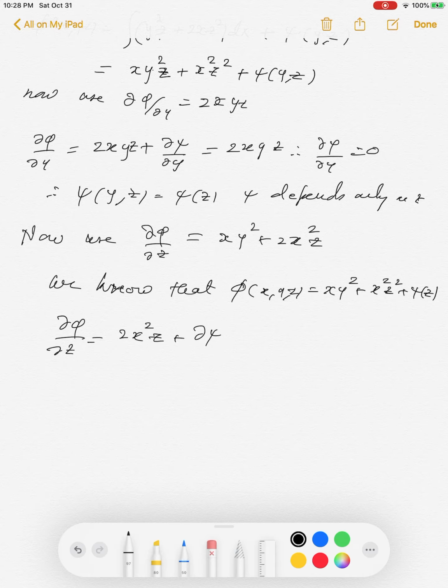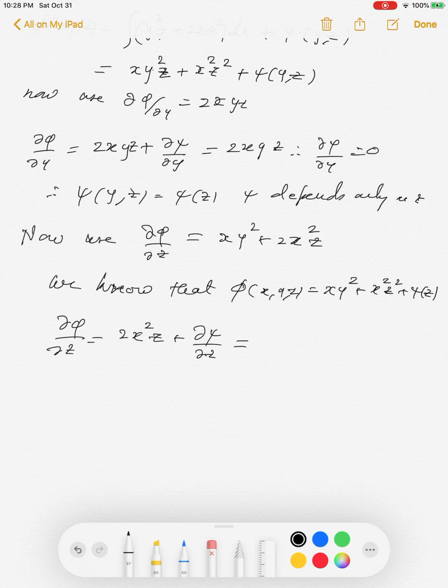So d phi dz is going to be, we'll get 2x square z plus d psi dz, right? And that is equal to, let me double check everything.